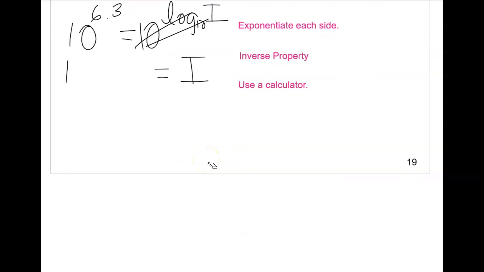Oh no, it's not a 5. It's a 9. 9, 5, 2, 6, 2. I feel like I'm missing something. So it's something like that. 1,995,262 for the intensity.